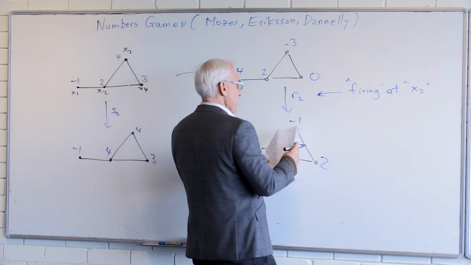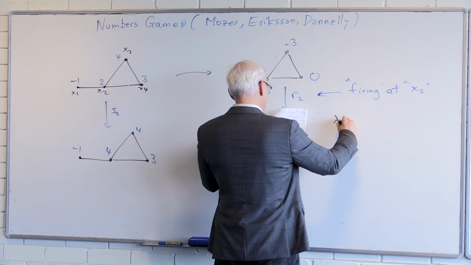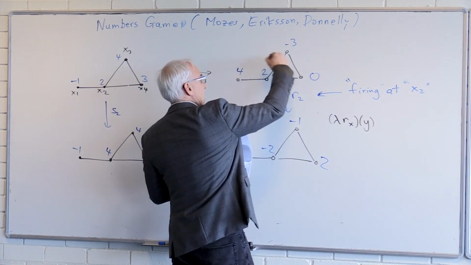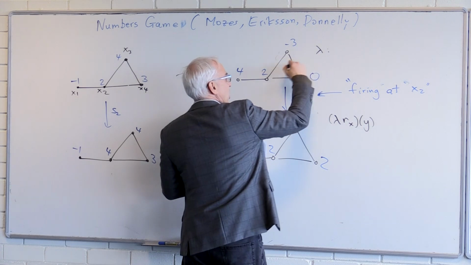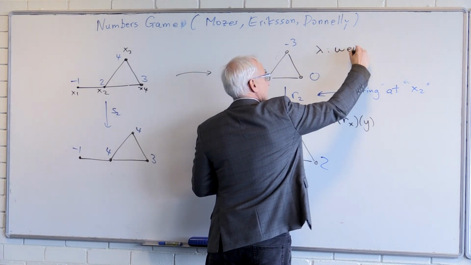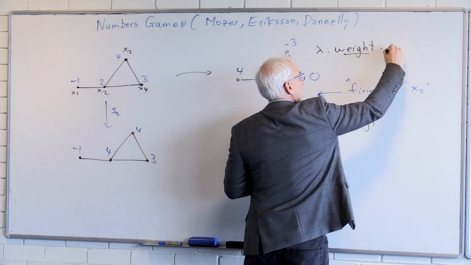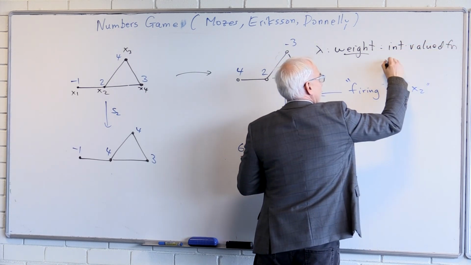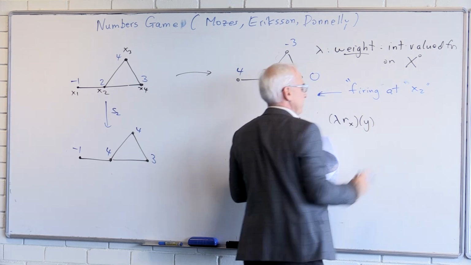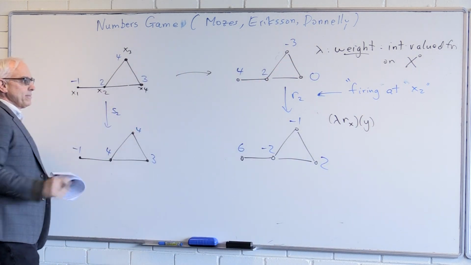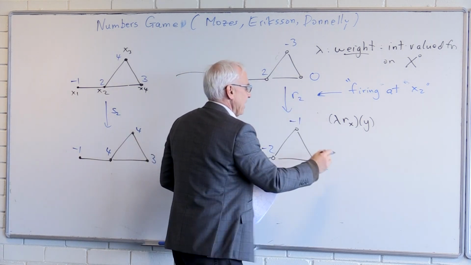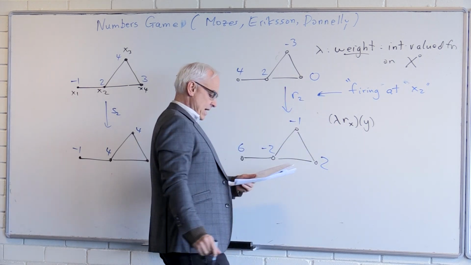Okay, so if we have a population, say lambda, and I'm going to fire at x, and lambda is like a population on this graph that I'm going to call a weight. That's an integer valued function on this kind of dual or twin graph. And if we have a weight lambda and we do Rx of lambda at y, what is that?